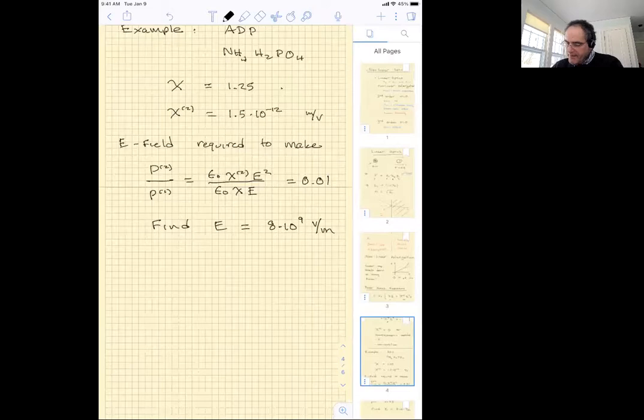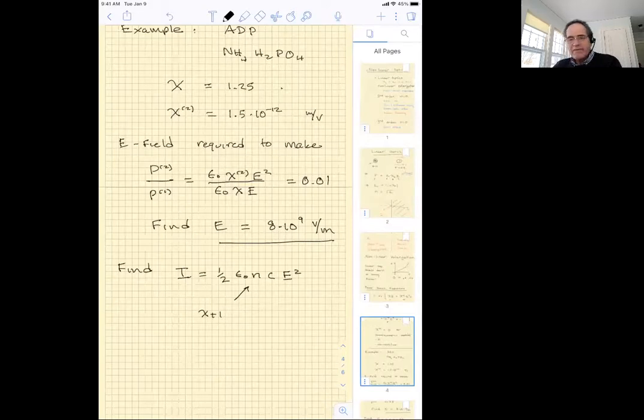Very good. By the way, once we found the electric field, we can find the intensity. Okay? The intensity for light traveling through a material is given by 1/2 epsilon naught times the index of refraction times c times the electric field squared, where the index of refraction, remember, is just the linear susceptibility plus 1.